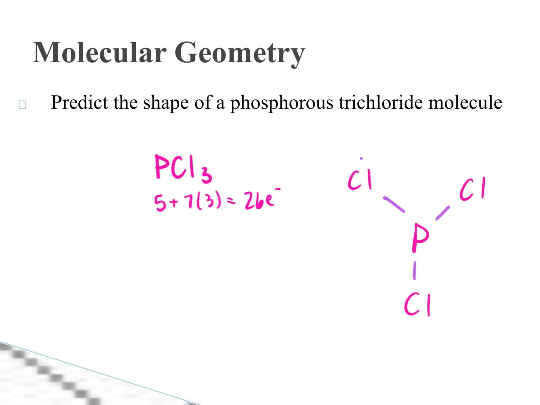I have 26 electrons left on my P. Then I think you should count your electrons again. Have you already used all 26? Hold on, let me see. 2, 4. Oh, I got it. Now I get it. I want you to figure out the shape.